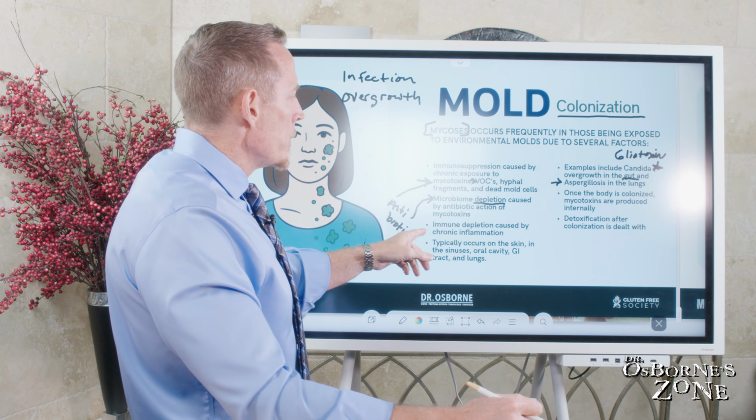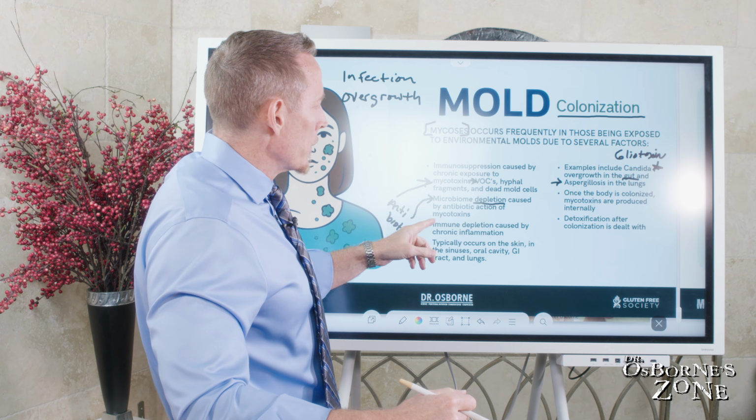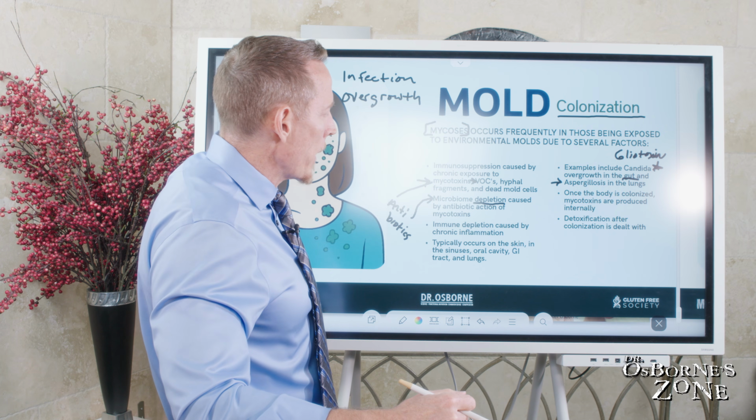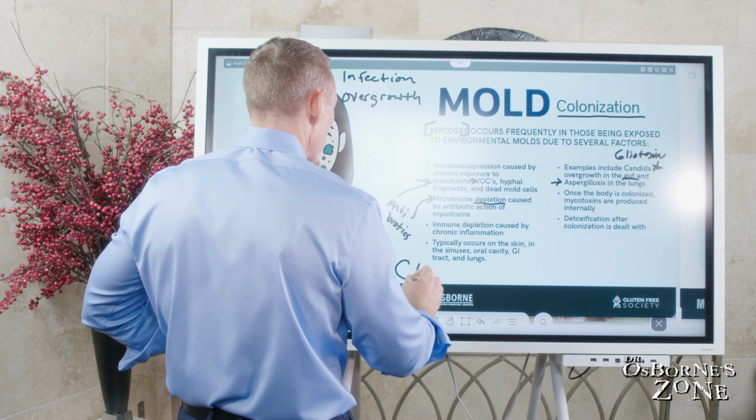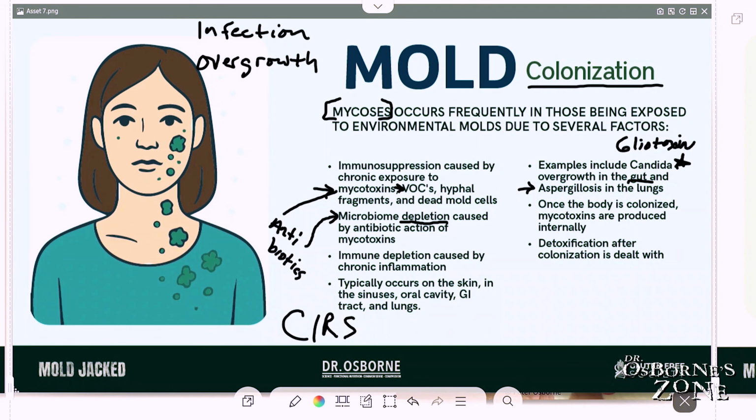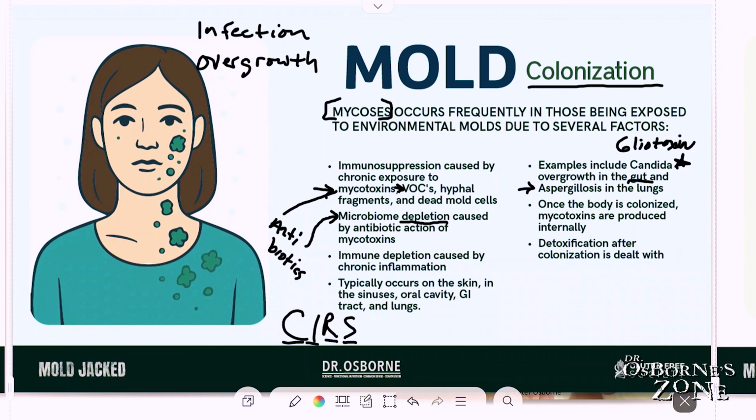So we also know that immune depletion is caused by chronic inflammation. When you're in a moldy environment, there's a term many of you have heard called CIRS, chronic inflammatory response syndrome. That was coined by Dr. Ritchie Shoemaker years ago to describe biotoxin illness. Biotoxins are toxins produced by molds and other bacteria.